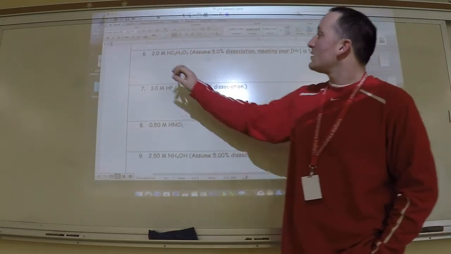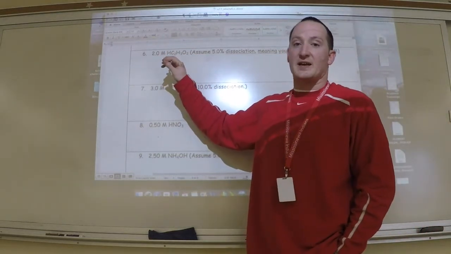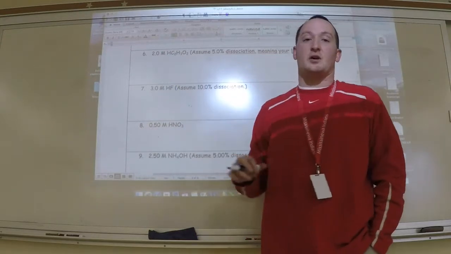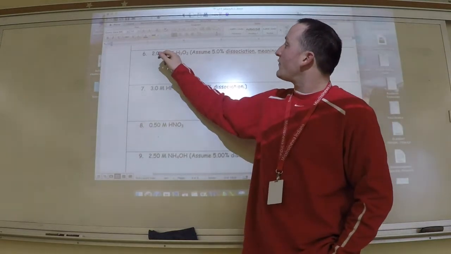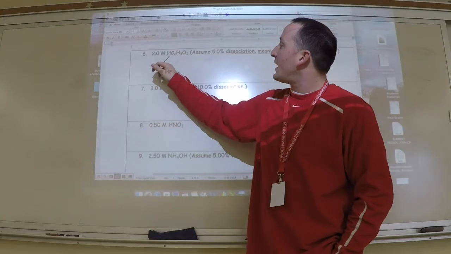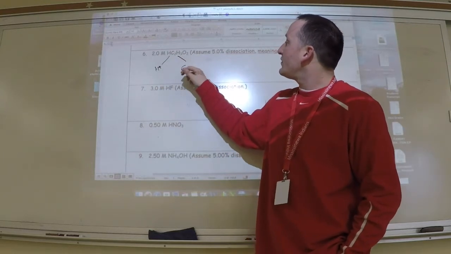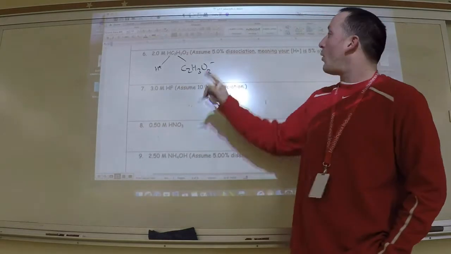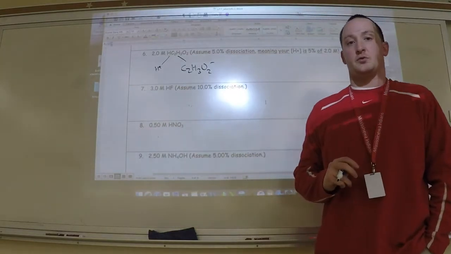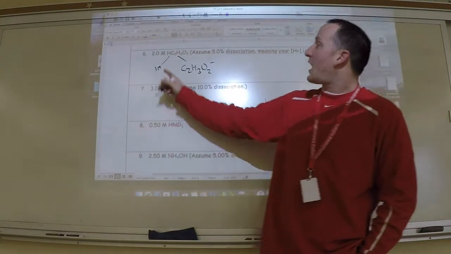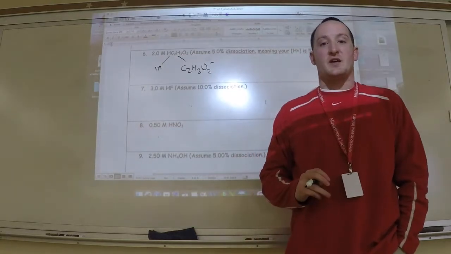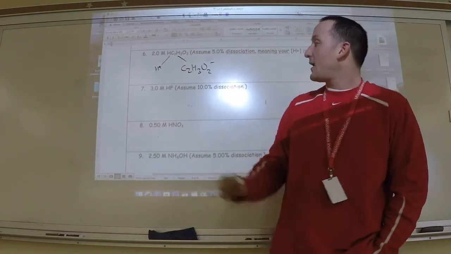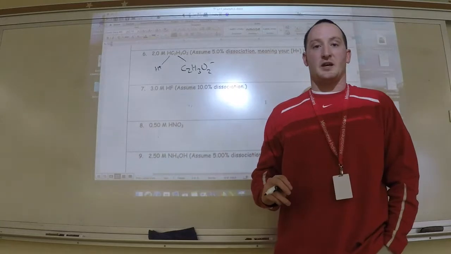What that means is, remember, when this acetic acid breaks apart, this is actually a weak acid, which means it's going to split apart into H plus and C2H3O2 minus, but only 5% of it is going to dissociate, which means I need to find what 5% of 2 molar is, and that will be how much H plus I get.